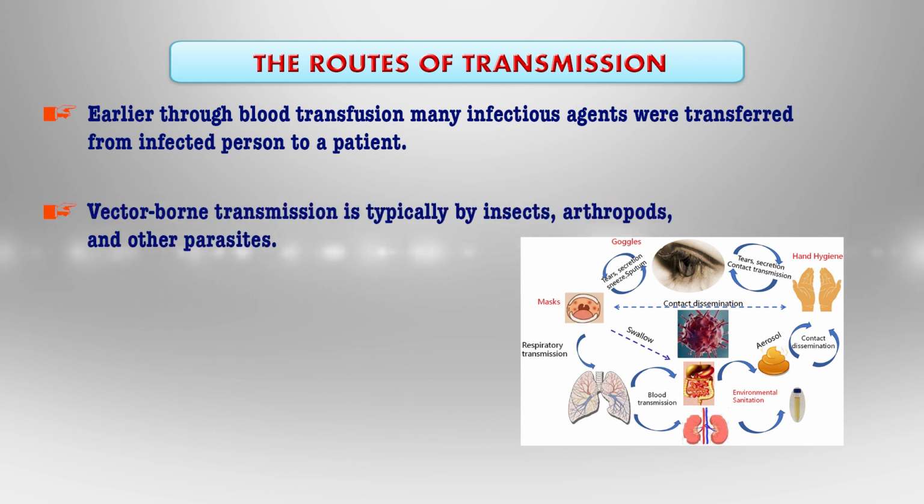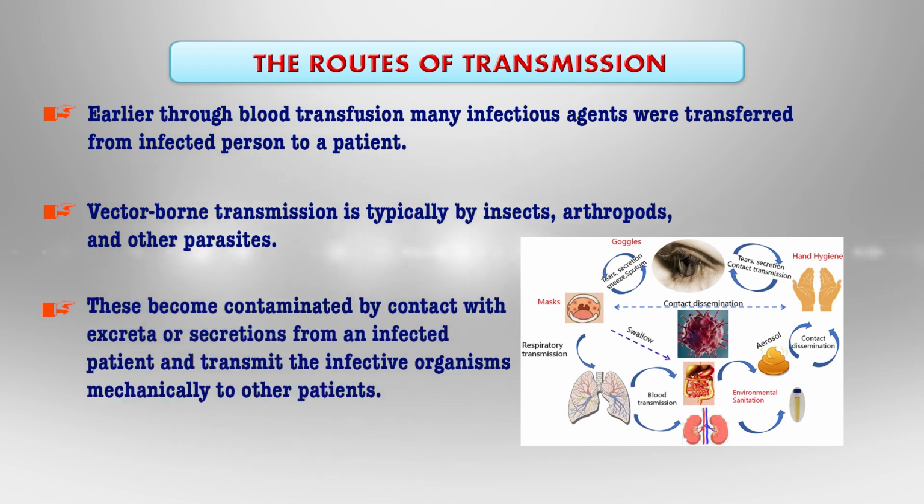There is also vector-borne transmission, which is typically transmitted by insects, arthropods and also certain parasites. These can become contaminated by contact with the excreta or secretions from an infected patient, and they transmit these infective organisms mechanically to other patients.